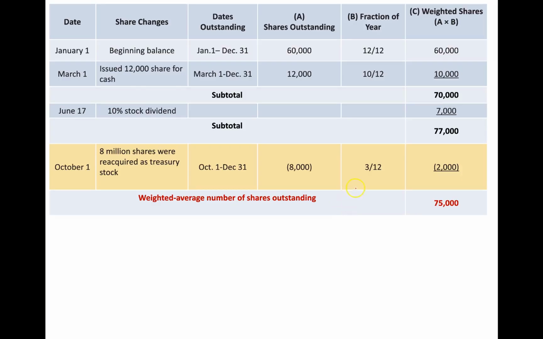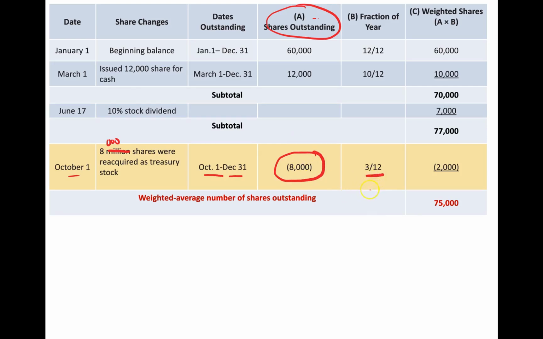So let's go back to our chart. On October 1, let's say 8,000 shares were reacquired as treasury stock. That means those shares were no longer outstanding from October 1 to December 31, which is 3 months. So under the shares outstanding column, I'm going to have a negative number because I'm removing them.